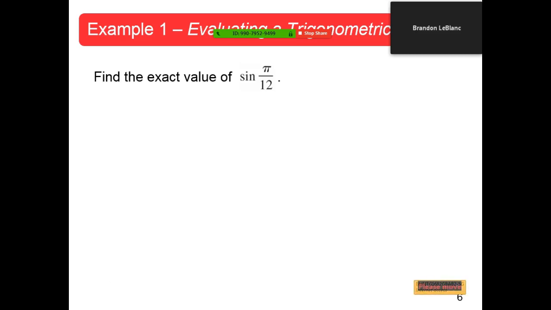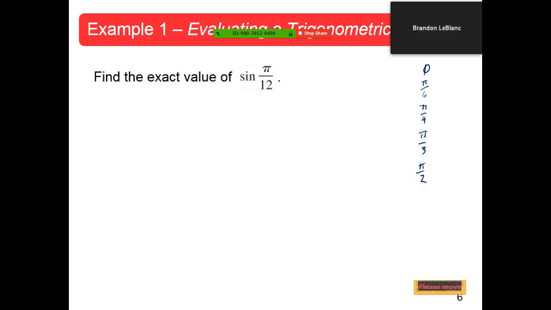Okay? To get an exact value, remember those favorite angles that we used to have, and we still have them. Remember what they were? Certainly one is 0. What's the next one? Pi 6, pi 4ths, pi 3rds, and pi halves.